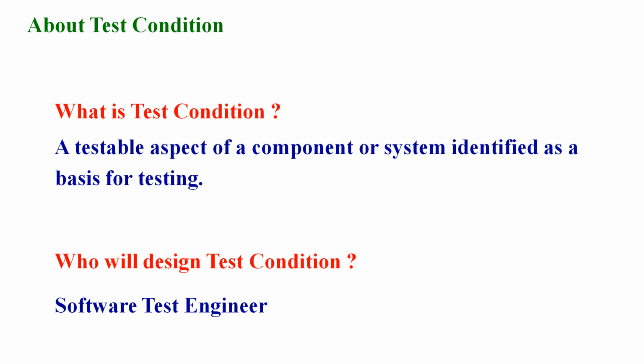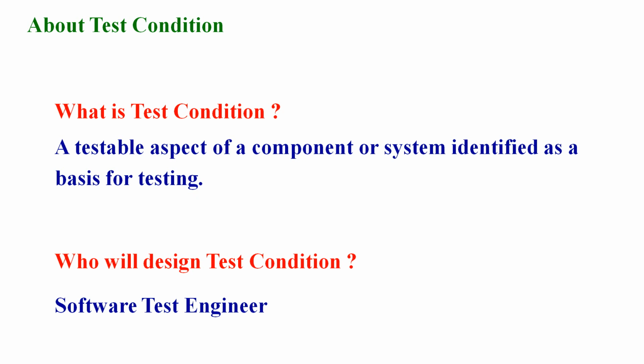Black box testing can be conducted in two ways: one is based on the requirements, or based on the use cases. If it is requirements based testing, the software test engineer has to identify the test conditions for each and every requirement. So, how to identify?